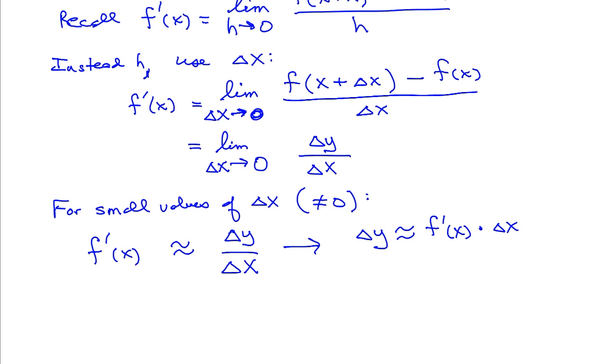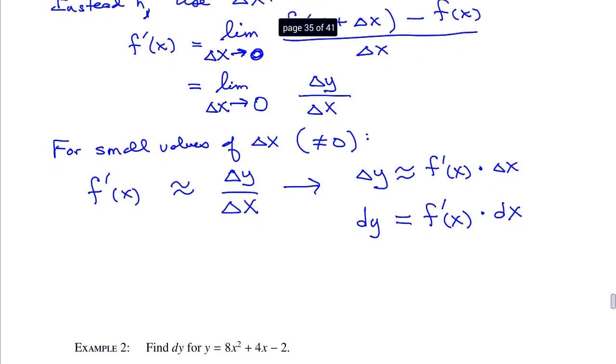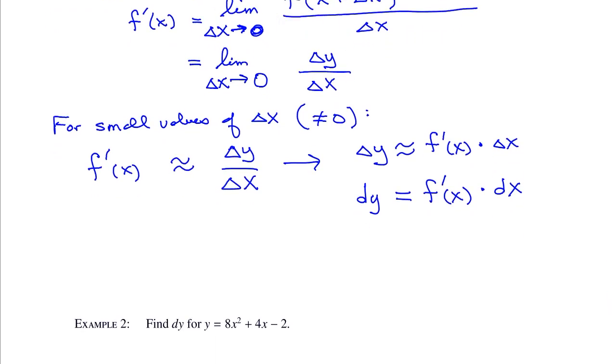The equality comes in what we call the differential. We're basically going to replace these deltas with a new symbol, dy, and claim that it is equal to f prime of x times dx. The dy is the differential of y, the dx is the differential of x.